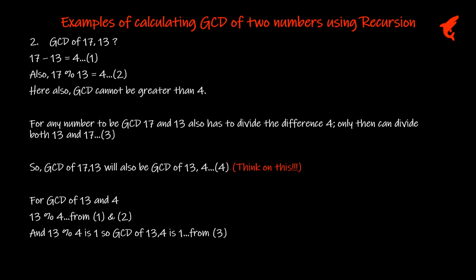And the modulus result is going to be 1, and so GCD of 13 and 4 is going to be 1, which is true. 13 is one of the prime numbers, and therefore it's not going to have anything common with any other number, and therefore the GCD is going to be 1. And because of this, GCD of 17 and 13 is also going to be 1.